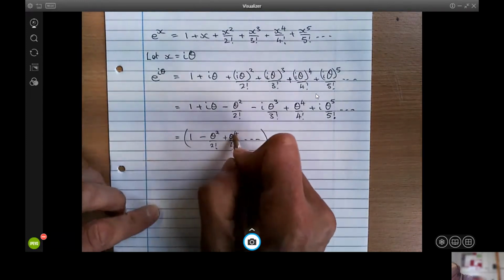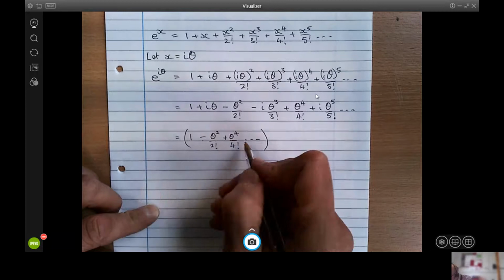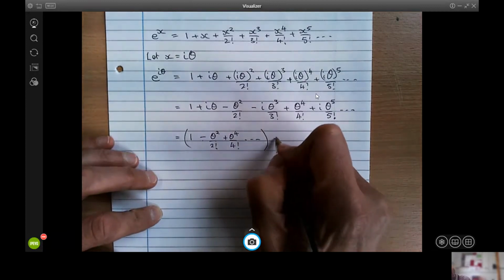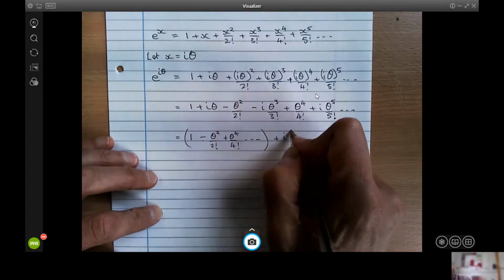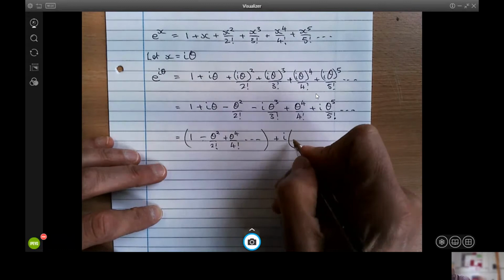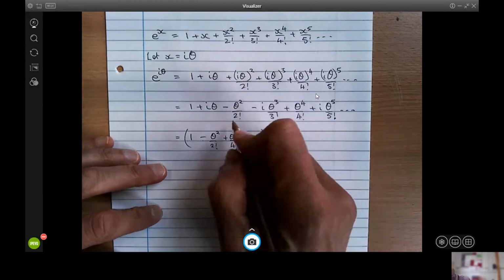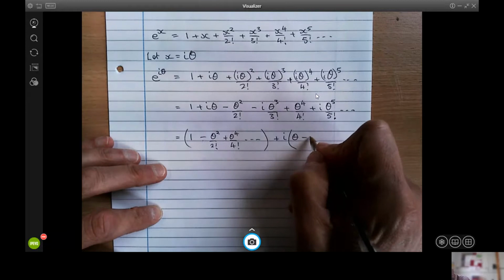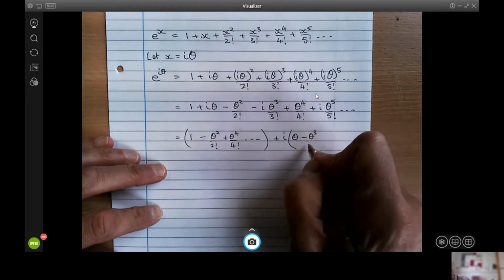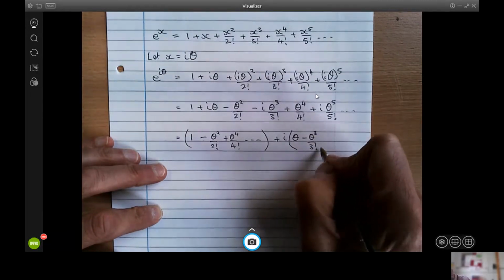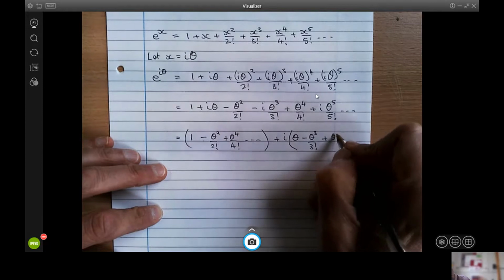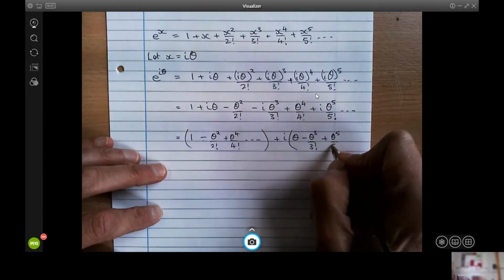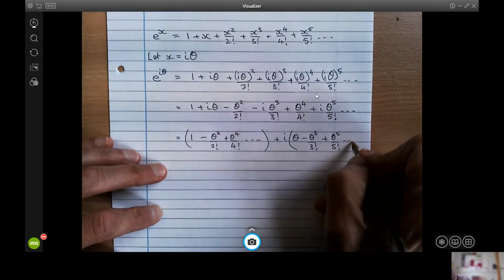We've got even powers, and they're alternating positive and negative. Plus i times theta minus theta cubed over 3 factorial plus theta to the power of 5 over 5 factorial, and so on.